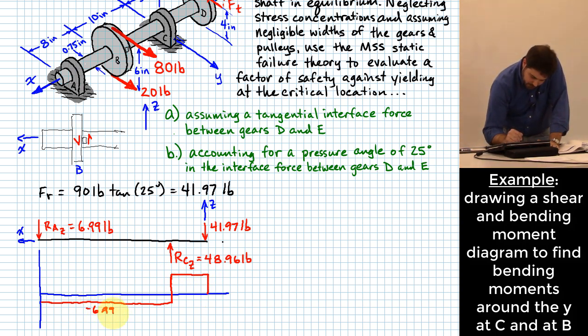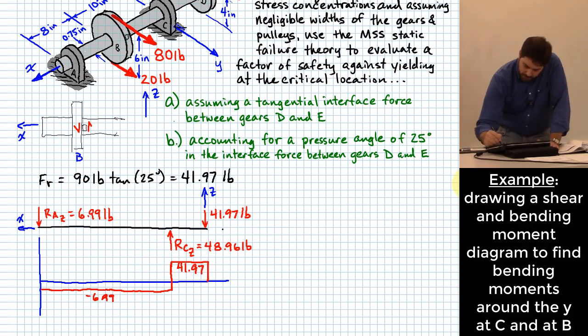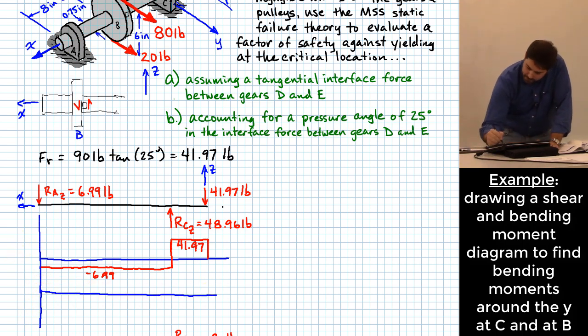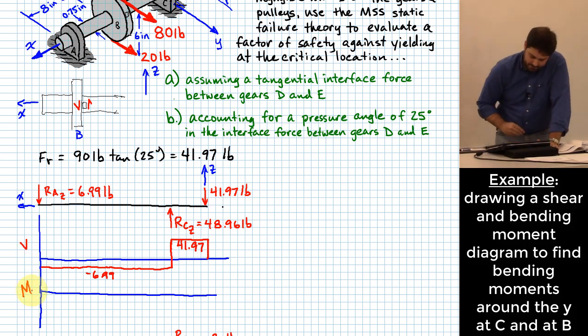It's at negative 6.99, and up here this is going to be equal to 41.97. What after that? This is my first one, there was shear. This bending moment, what do I do with that?